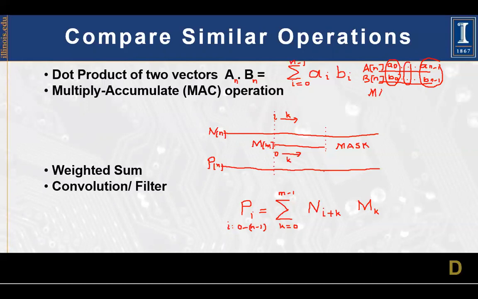Normally, digital signal processing people call it MAC in their applications. In place of the first vector, they have samples of their signal. Here is a signal, and they sample it at different points.